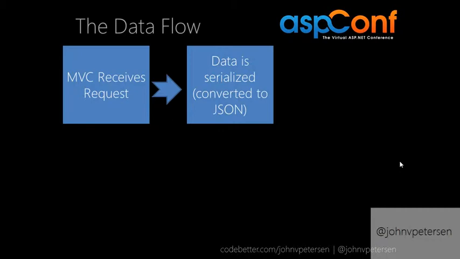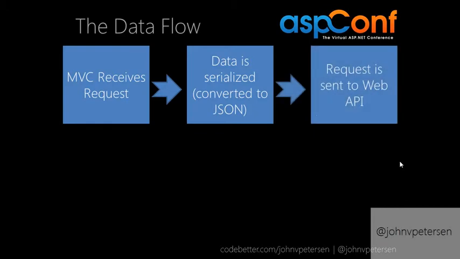serialized. So in other words, I'm interacting with the MVC client, and maybe I am updating a product. So what does MVC have to do? Well, it's getting a product object. It's all through the binding. So it has to serialize that, convert it to JSON so that I can then send that request to the Web API.